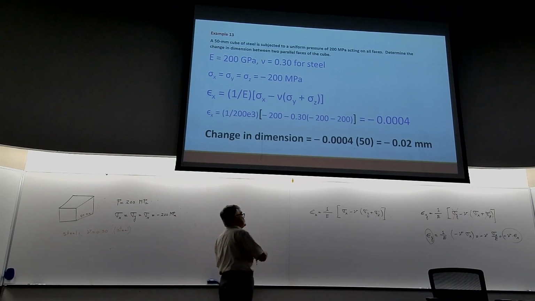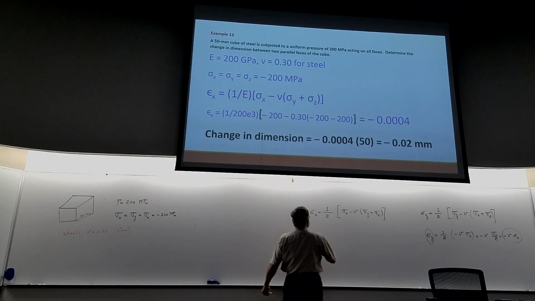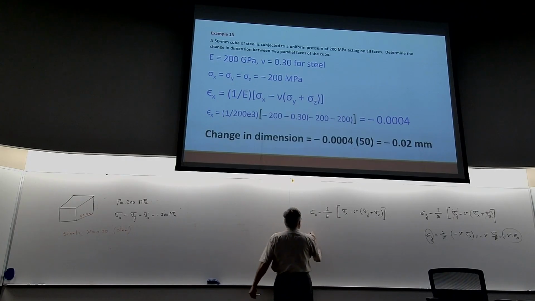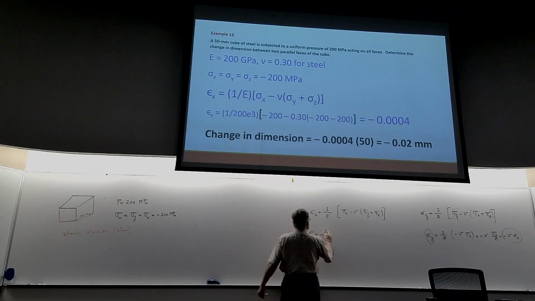So all we need to do is just do this 1 time. Meaning epsilon x is 1 divided by 200 times 10 to the 9th.